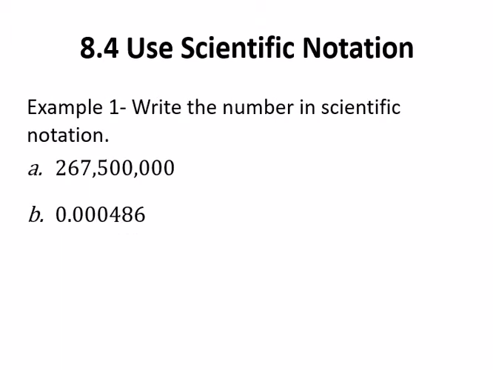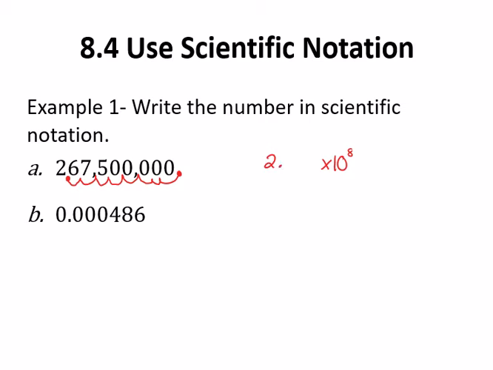So using scientific notation, example 1, write the number in scientific notation. So I need to identify where my decimal place is and count until I have one integer to the left of the decimal place. So that is 1, 2, 3, 4, 5, 6, 7, 8. Alright, so this is going to be 2.675 times 10 to the 8th.